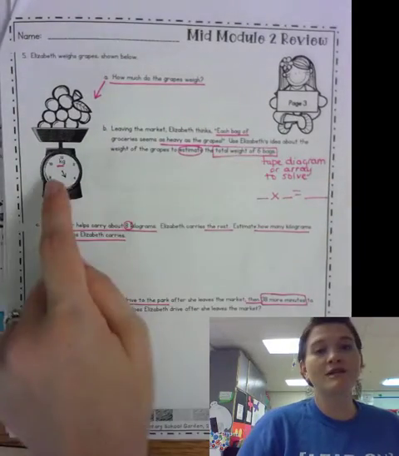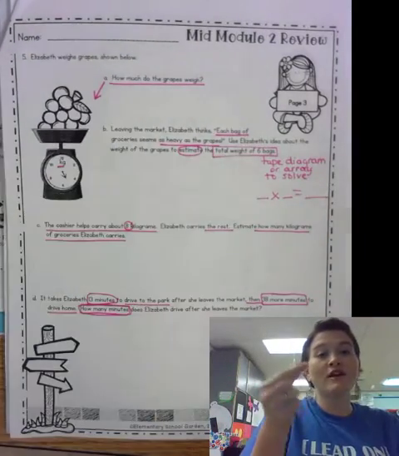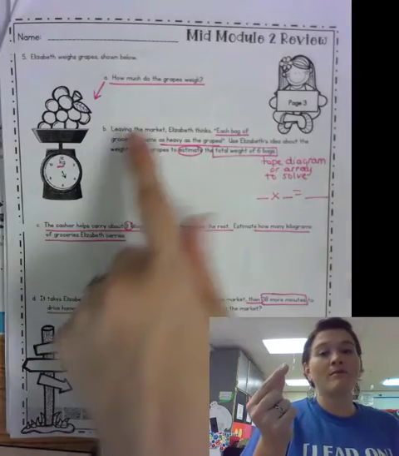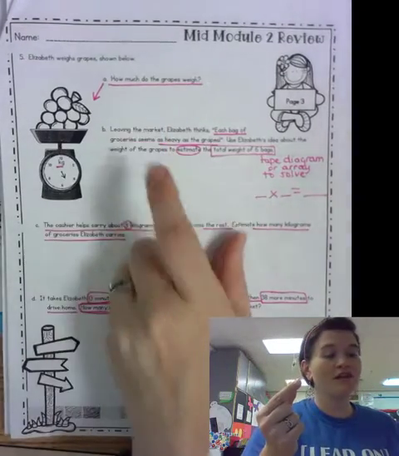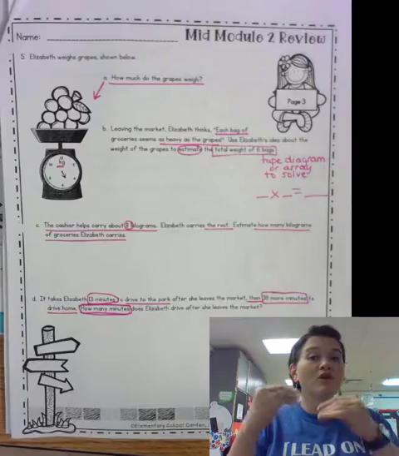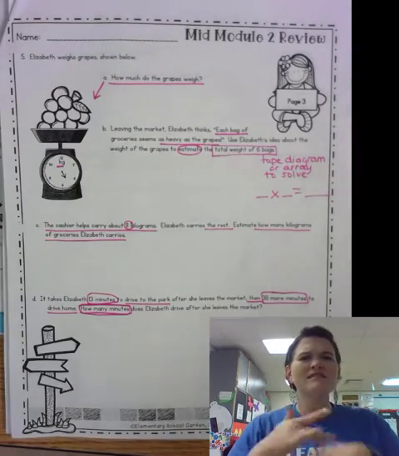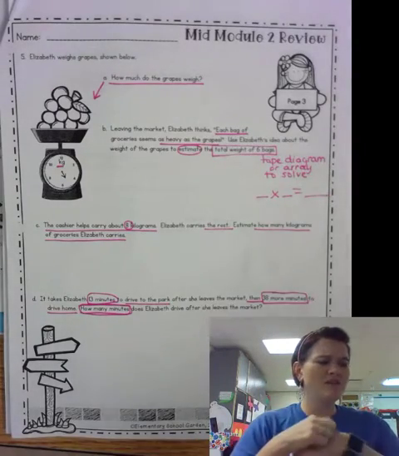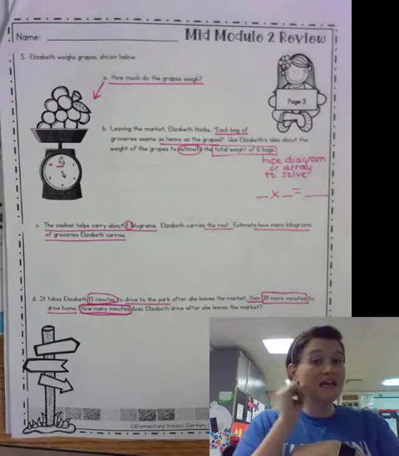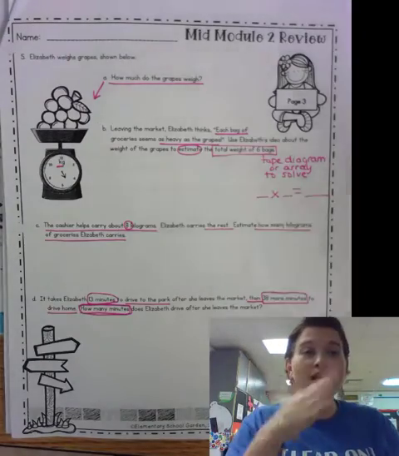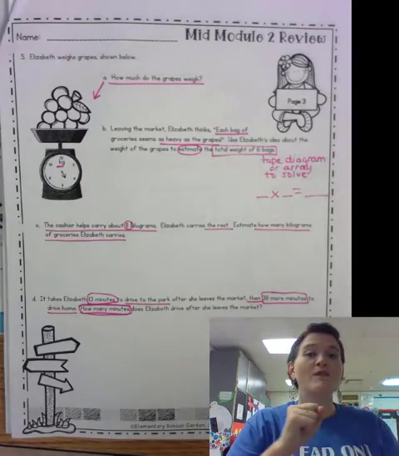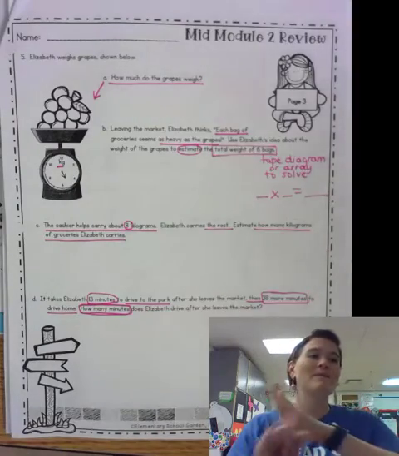All right, and the last page. We're talking about measurement again, measurement in grams or kilograms. So how much do they weigh? Over here, she leaves the store and she thinks all the bags feel the same weight as the grapes. So you have to use that idea to estimate, that's our best guess, the total weight of 6 bags.